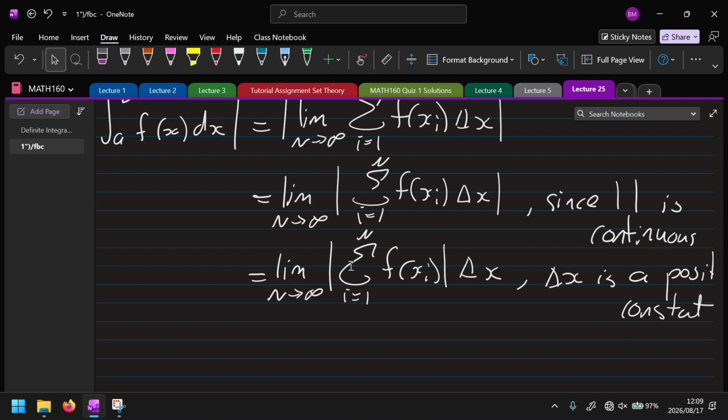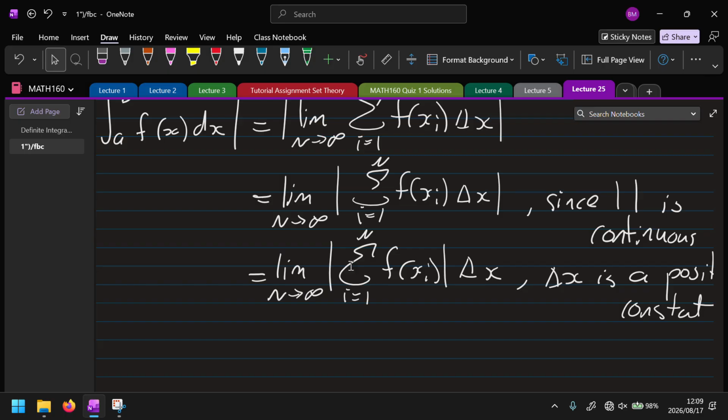Didn't we see before with the triangle inequality that the absolute value of the sum of a_i is less than or equal to the sum of the absolute values of a_i? Yeah, exactly. We've got a finite sum in an absolute value. We can use the triangle inequality. Good. You get your points. Everything's on the page, right? You just scroll up a bit.